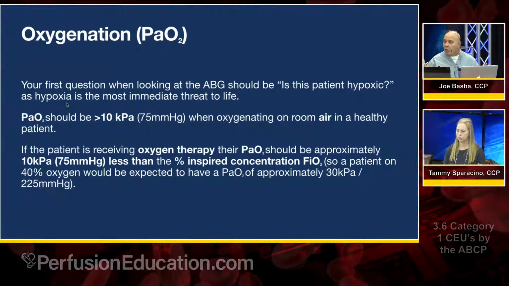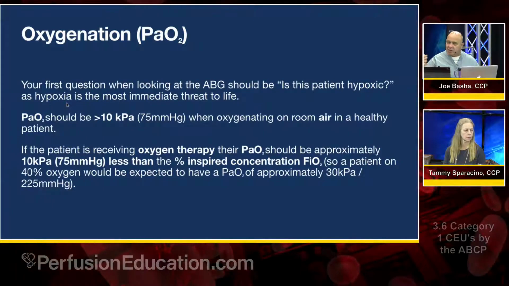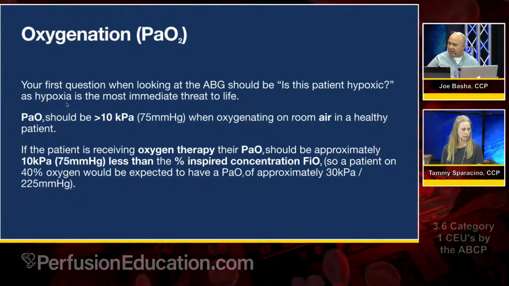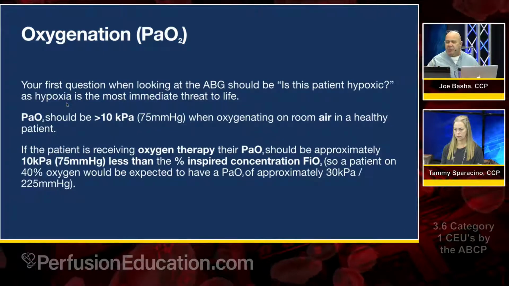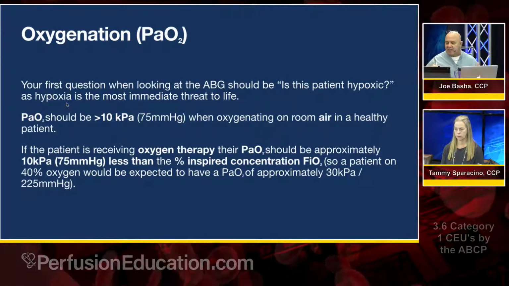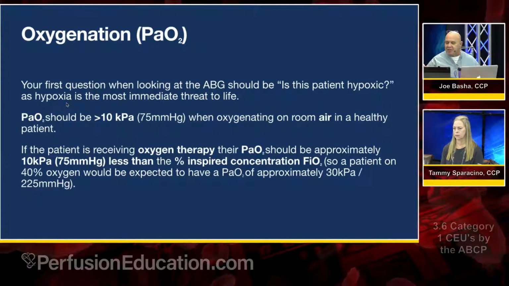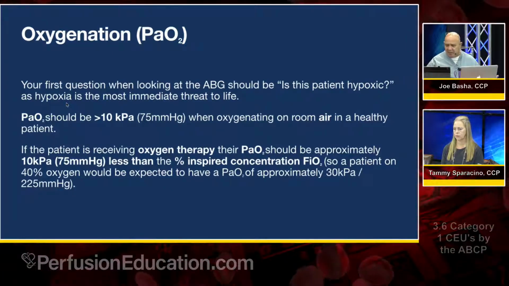Now, that only works, just so that we can have some context here, when you're using kPa. You cannot use this formula or this indicator, if you will, if you're not using kPa or if you're using millimeters of mercury.